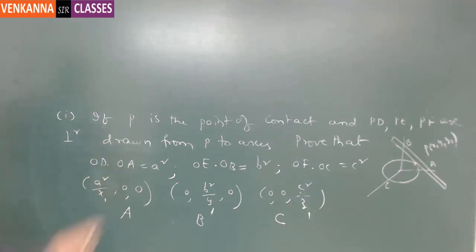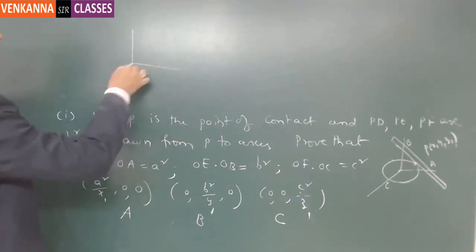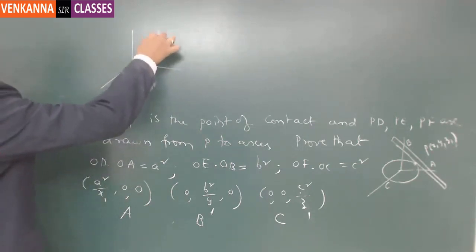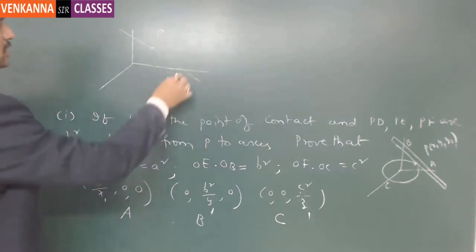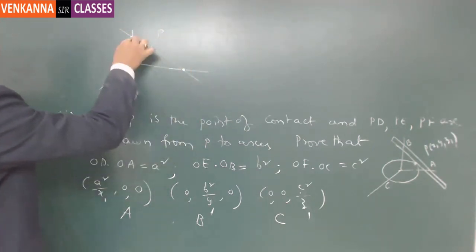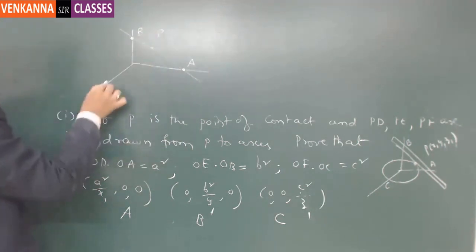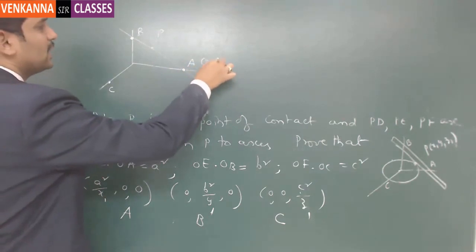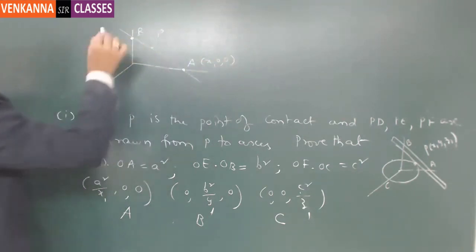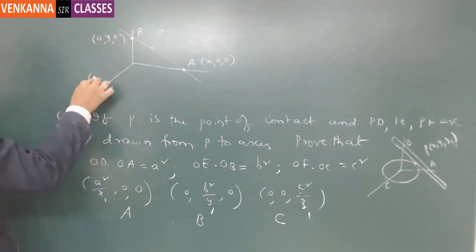So for a small visualization, let us take that this is the point P. This is the tangent plane you got. This is A, this is B, this is C. The coordinates of A are nothing but x, 0, 0. The coordinates of B are nothing but 0, y, 0. C is nothing but 0, 0, z.